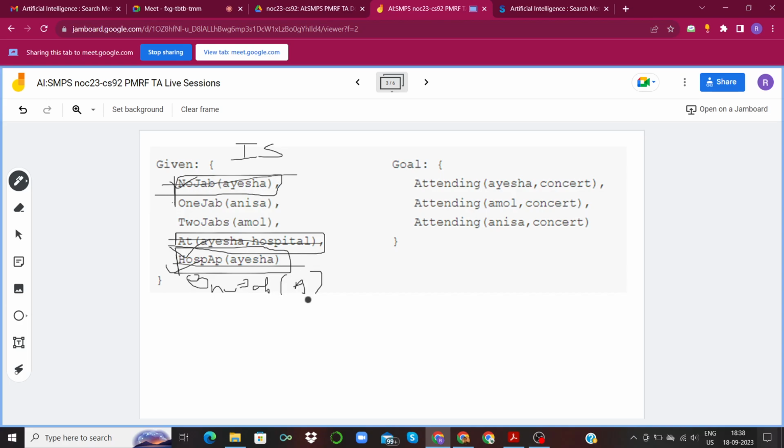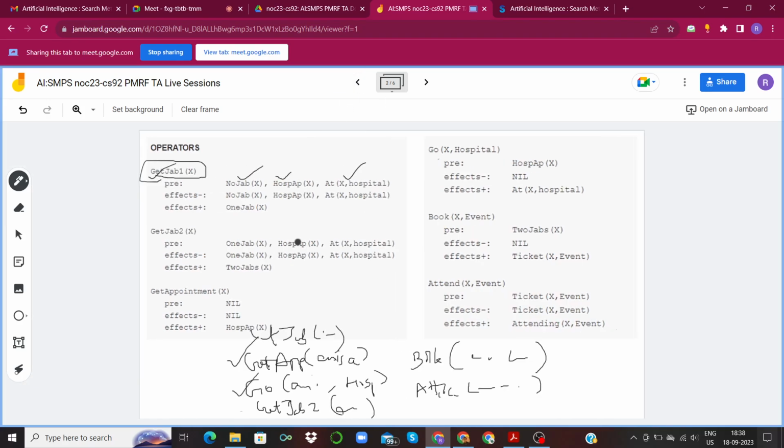Again, sorry for the terrible handwriting, but I hope you can get the point. Now that one jab Aisha has been applied, and since these facts have been removed from our state, for Aisha to get the second jab of vaccine, she will have to get an appointment from the beginning. So we'll have to add these to our state once more.